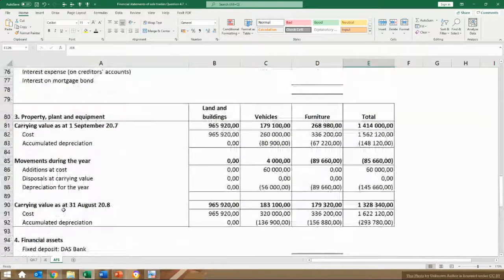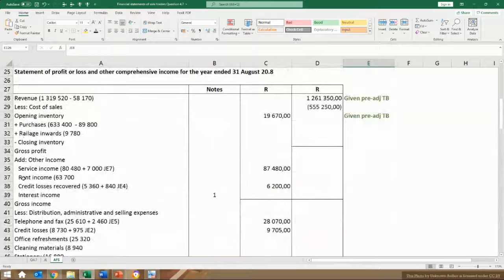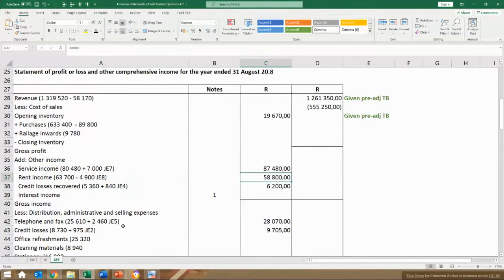And then in your income statement or statement of profit and loss, we would adjust your rent income line item and reduce it by the amount we've received in advance, which is the 4,900, to show what the rent income for the 12 months of our financial period should actually be, which is the 58,800. Okay, so that is rent or income received in advance.